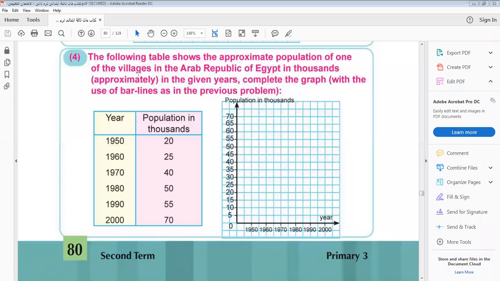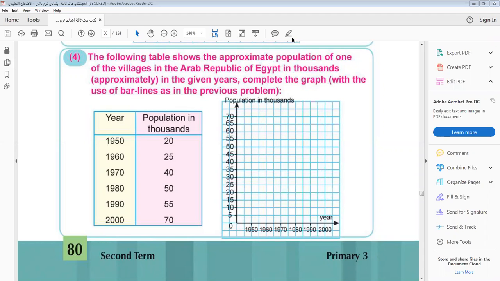Question number 4. The following table shows the approximate population of one of the villages in the Arab Republic of Egypt in thousands. Complete the graph using bar lines as in the previous problem.